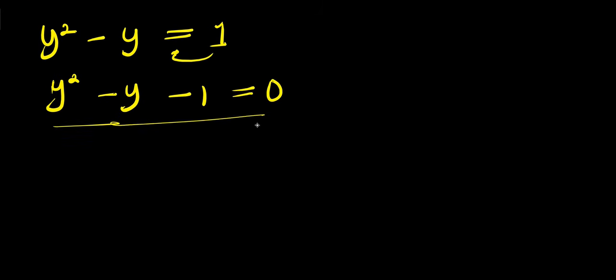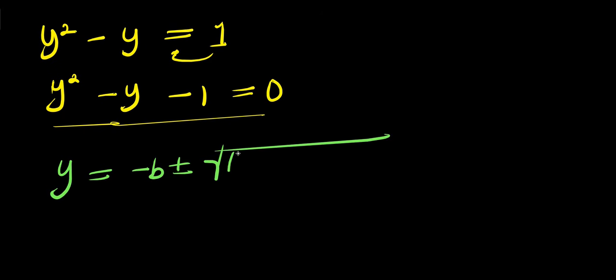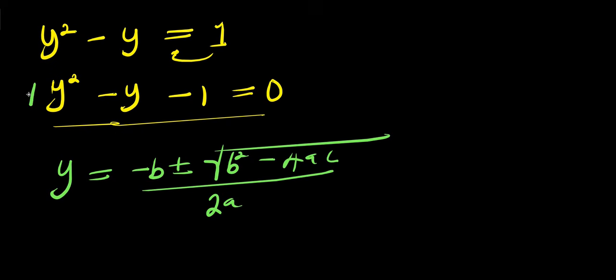So this is a quadratic equation that we are going to solve using the formula method. I have y equals negative b plus or minus square root of b squared minus 4ac, divided by 2a. The coefficient of y squared here is 1. That is our a. The coefficient of y here is negative 1, and that is b. And this negative 1 here is c.